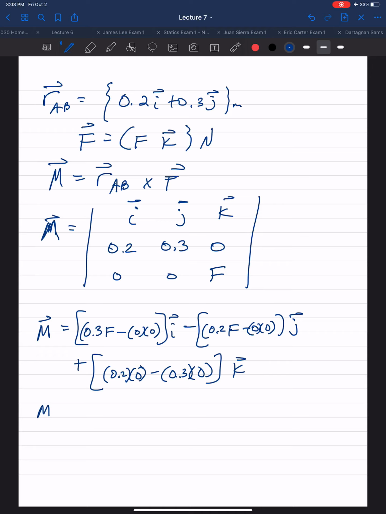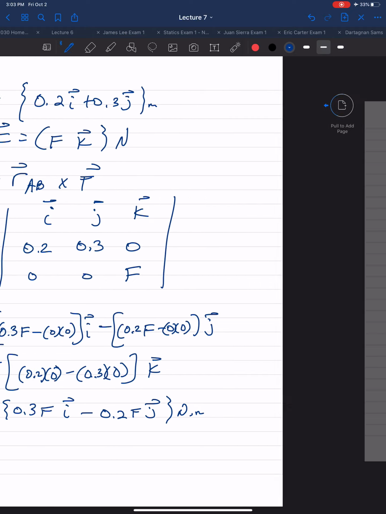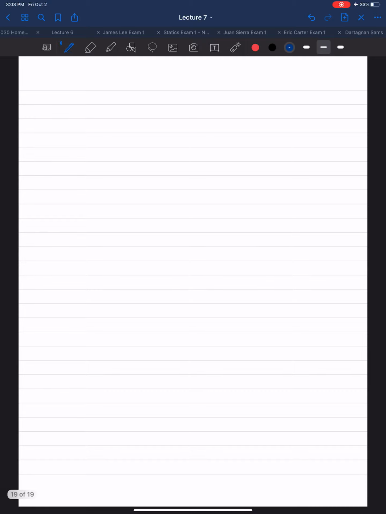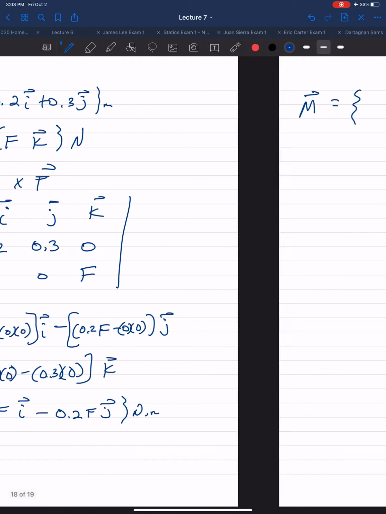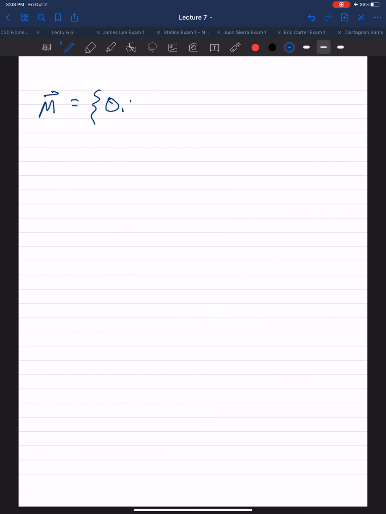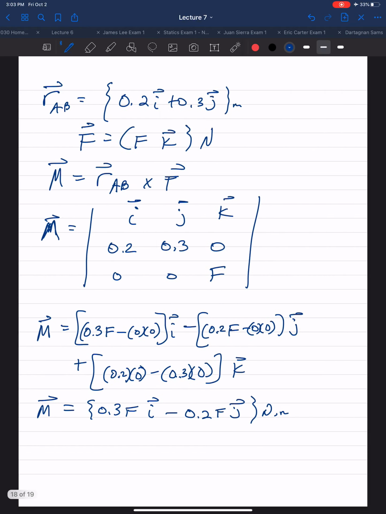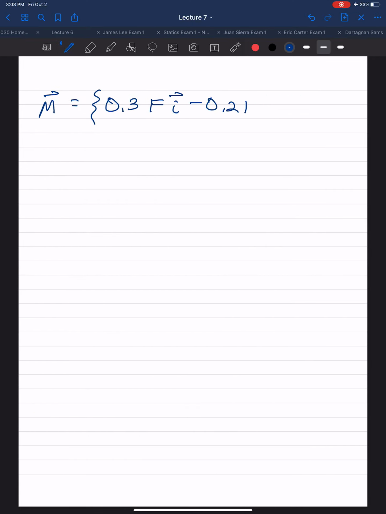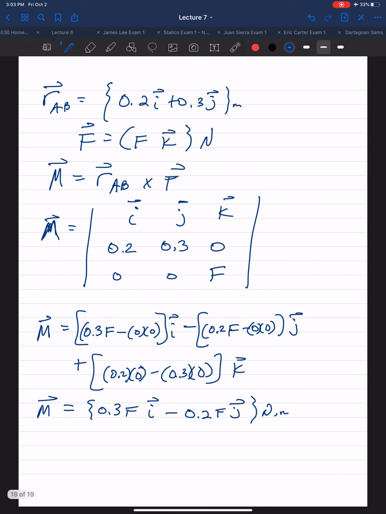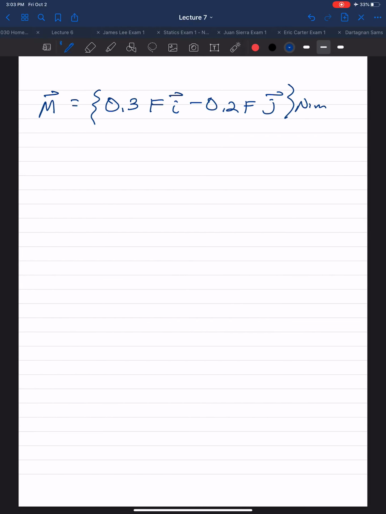You have your resultant couple moment M is 0.3 F i minus 0.2 F j Newton meters. Let's rewrite that: 0.3 F i minus 0.2 F j Newton meters.